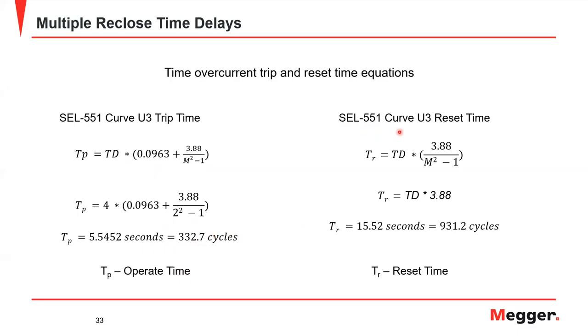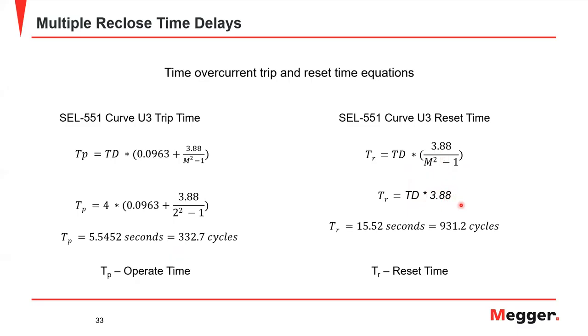The reset curve for that same relay takes the same things into account. If you have disk emulation turned on, this is how you would calculate how far back the reset has traveled. It takes into account time dial, it takes into account multiplier, but because I'm actually putting 0 current on it, the equation simplifies and it just becomes time dial times the factor of 3.88.